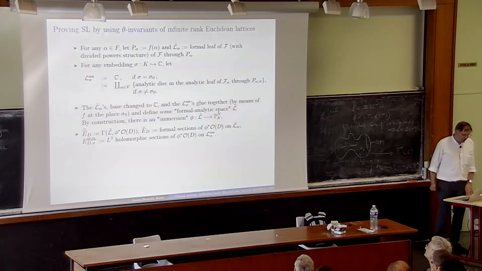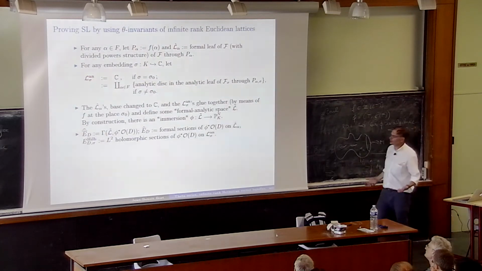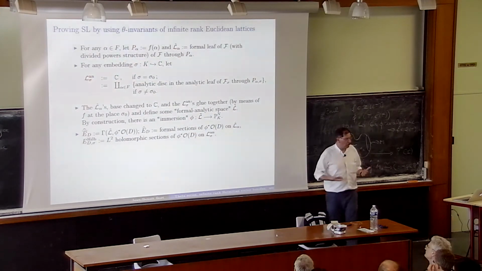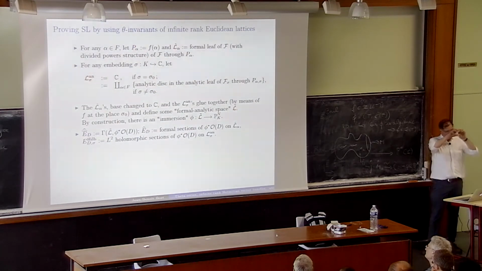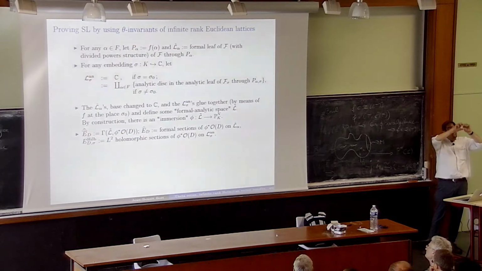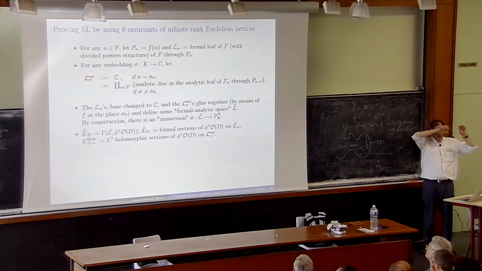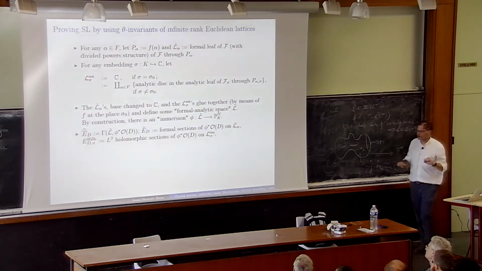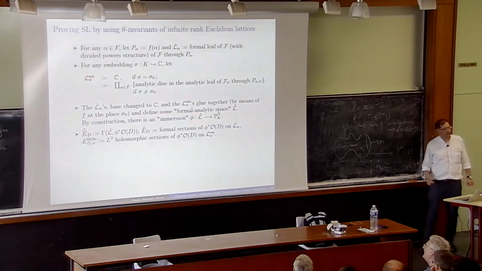And now in this setting, you may consider the global sections of the pullback of the tautological line bundle O of D on the big projective space where everything takes place, on this formal curve over spec K with divided power structure glued together with trivial leaves at the sigma which are not sigma 0, or with the non-trivial leaf that is given at the place sigma 0.